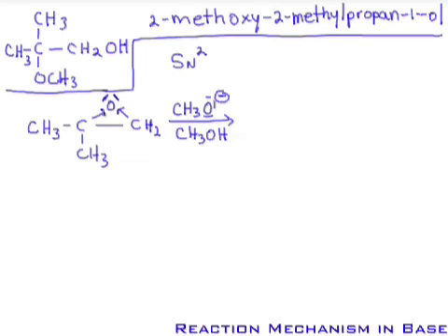But the size of the delta pluses it's going to put on these two carbons is much smaller than the delta pluses that the oxygen positive puts on. And because they're both smaller, the relative charge difference is smaller. I said the tertiary carbon here has more delta plus than the CH2. Well, now the delta pluses are so small that the difference is smaller, not enough to attract or control where the methoxide attacks.